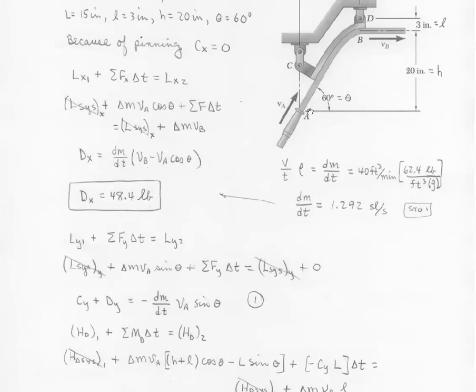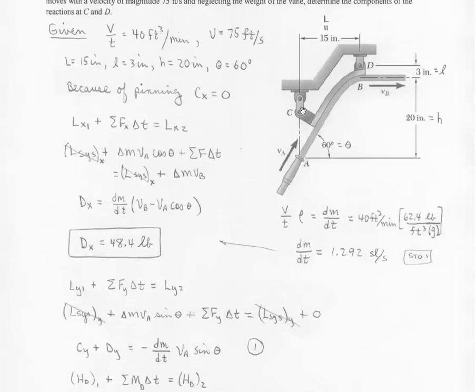It has a delta M V sub A cosine theta for the x part at a distance of h plus little l from D right here. And then you have the y part of that, which is going to be a delta M V sub A times sine theta, and it's going to have a moment arm of capital L right there.